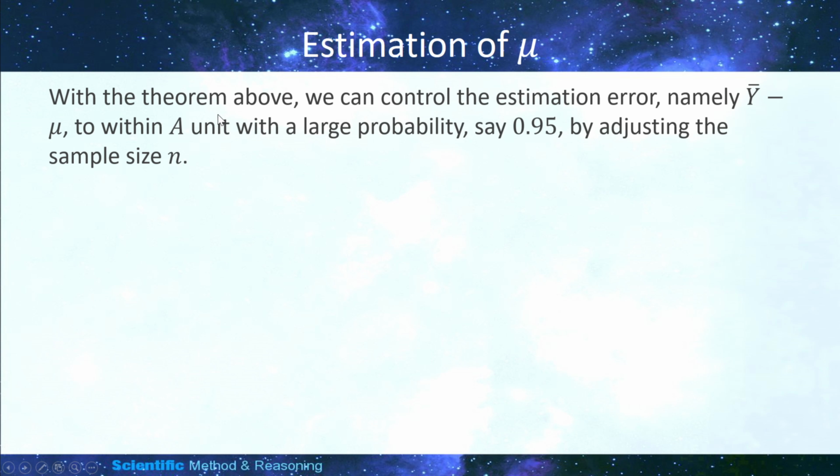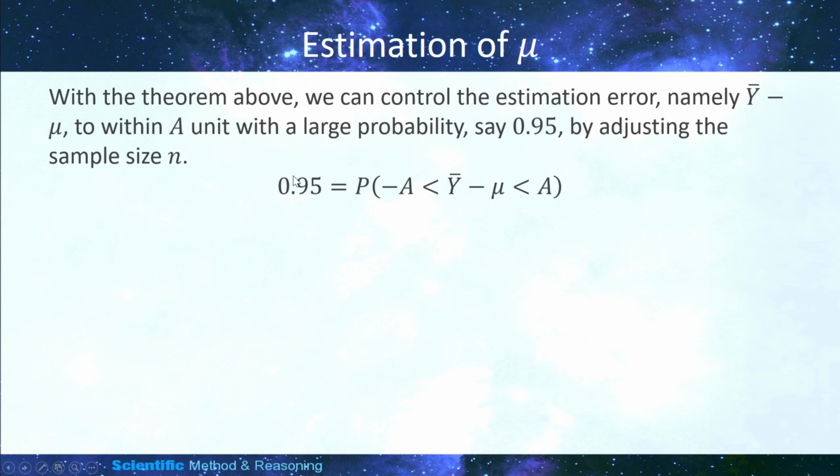And with the above theorem, we can control the estimation error to within a certain unit, say a unit, with a high probability content, say 0.95, by adjusting the sample size. For example, this is how we write down the expression in mathematical form. 0.95 is very commonly used in statistics as high probability content.